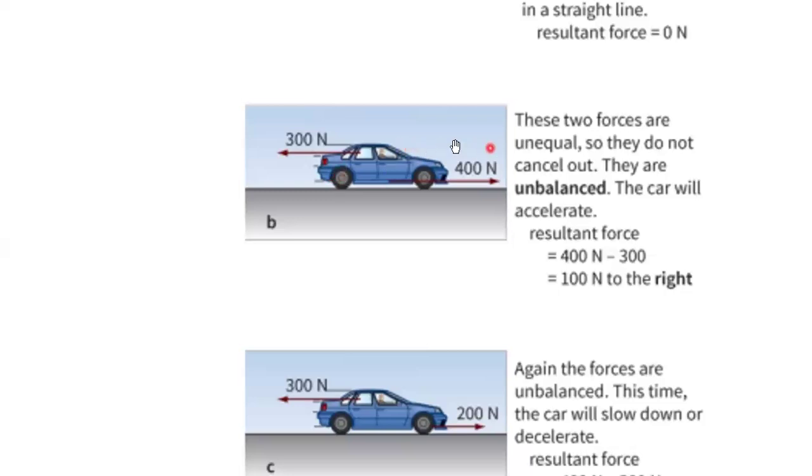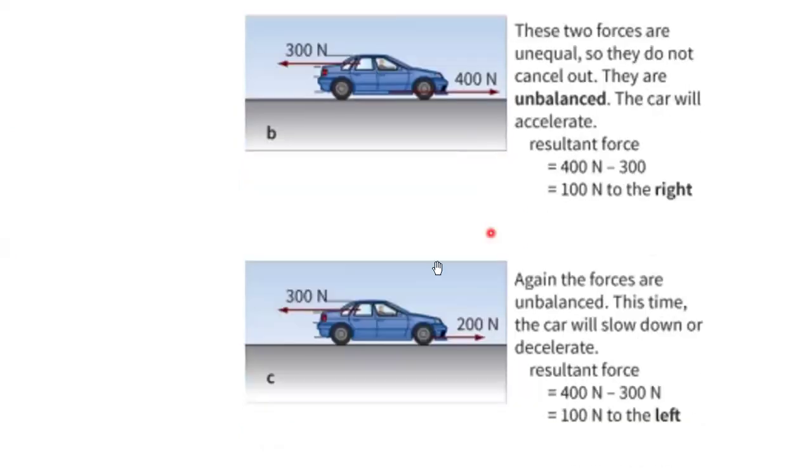This side, 100 newtons, which means that instead of these two forces, I can just apply 100 newtons in the right direction. That is the same thing that these two forces do by themselves.